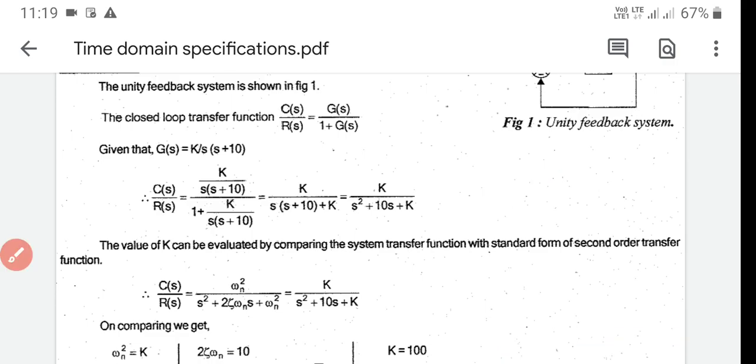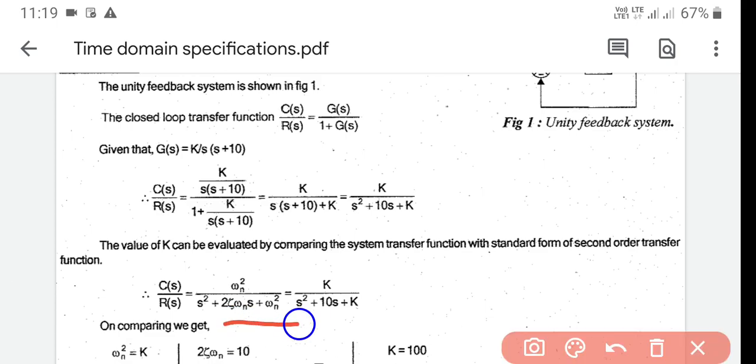Now we have to find the value of K here. See here, all of you. Now your C(s) by R(s) is in the form of omega n square by s square plus 2 zeta omega n s plus omega n square.